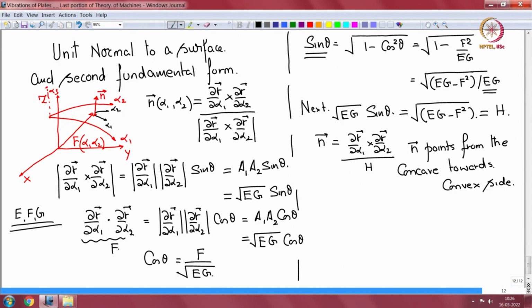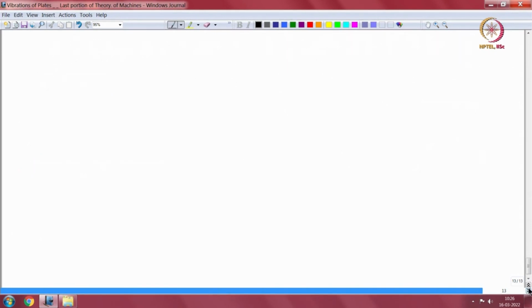Okay. Now, the second fundamental form. The second fundamental form. So let me take a specialized example to illustrate. So I have a conical surface. I have a conical surface.